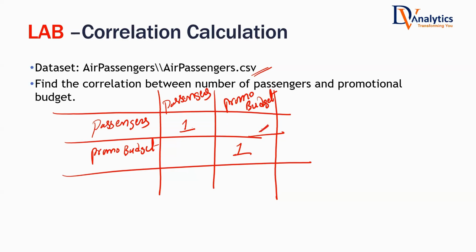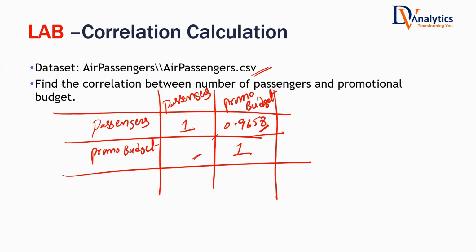We're looking for this number, the correlation between passengers and promotional budget. That is 0.9658 something. Now, this one is the correlation between promotional budget and passengers.